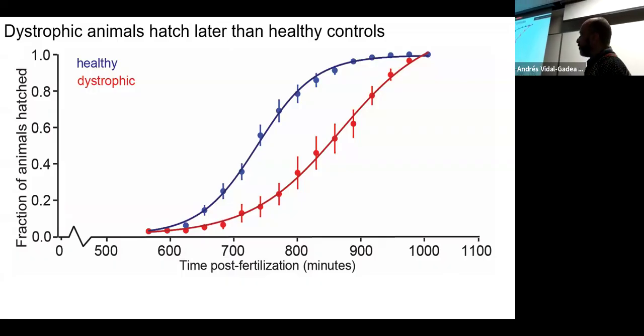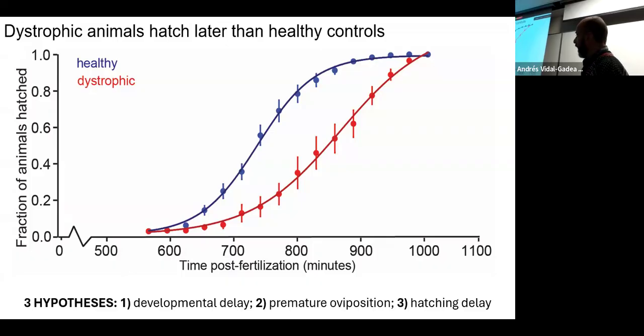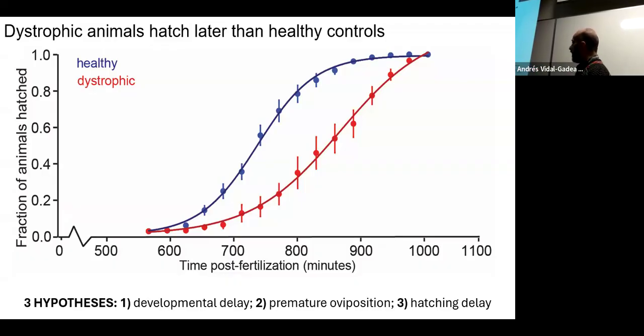Now, there are many reasons why this could happen. So we had 3 alternative hypotheses here. One of them could be that there's just developmental delay. The animals simply take longer to arrive at the point at which they hatch. Another one was maybe they are laid early. The mothers have muscular dystrophy.